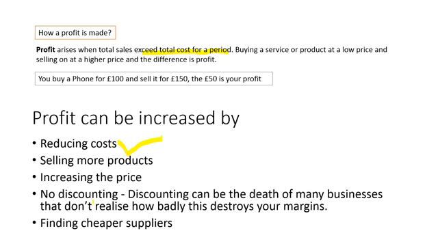So, no discounting. Discounting can be the death of many businesses that don't realize how badly this destroys your margins. As soon as I personally see a discounted thing, I think of it as cheap or maybe not made of good product or not good quality, and the trust just fails.